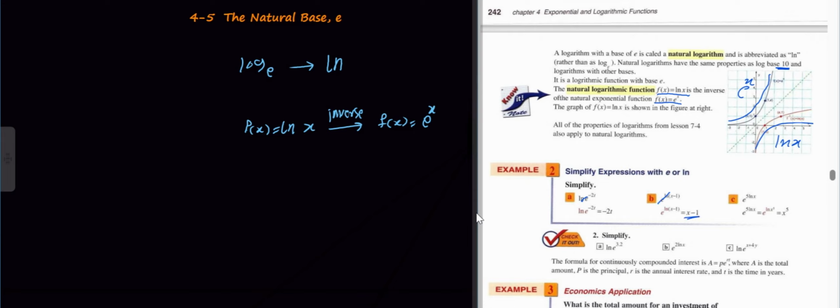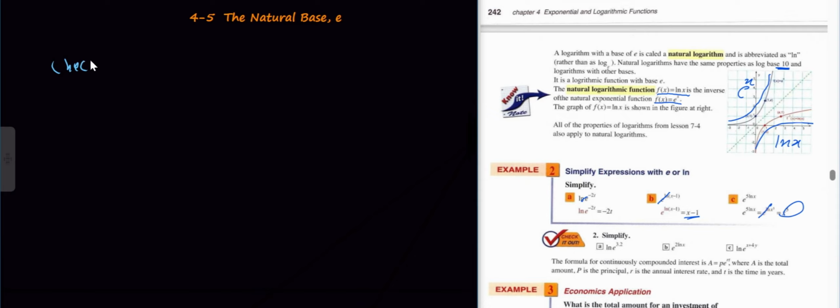In the last one, we cannot immediately cancel them because here we have 5. So this 5 goes up to the previous place, which is ln of x to the power 5. So these two will cancel, and x to the power 5 is remaining. Check out the extra examples we have.